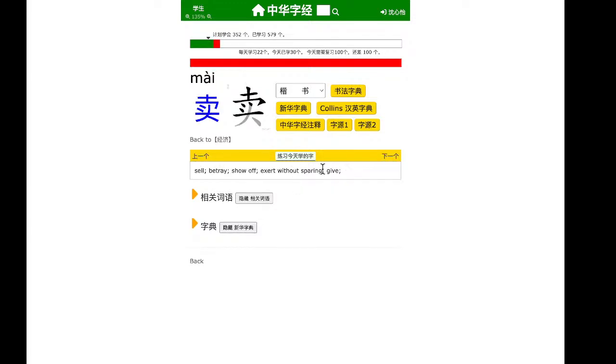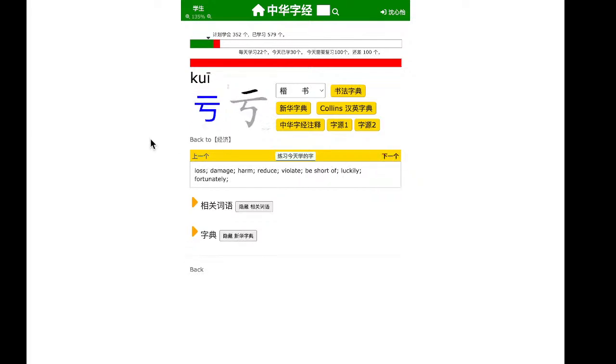Anyway. Kui means to lose or loss, damage, harm, or reduce. So this is used for when you invest and then your investment doesn't pay off. You lose money, or such like that.